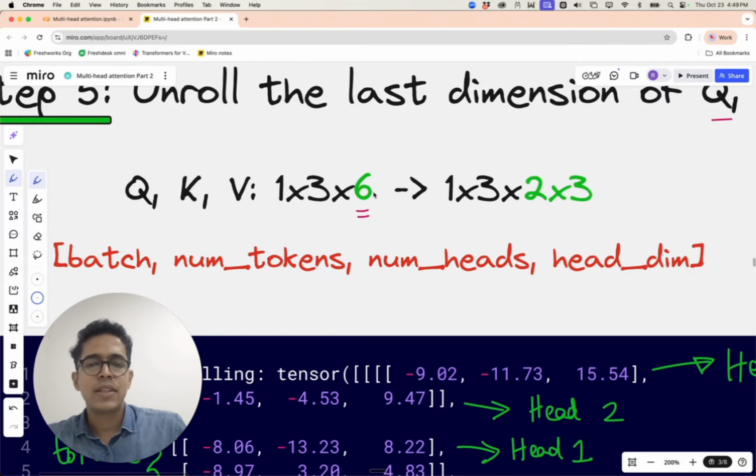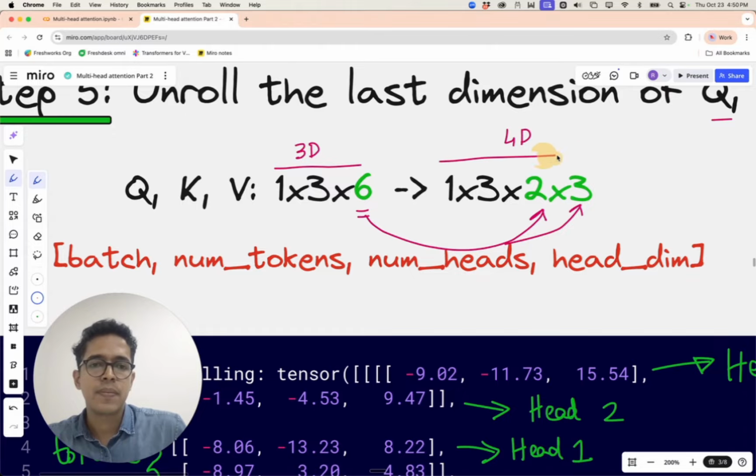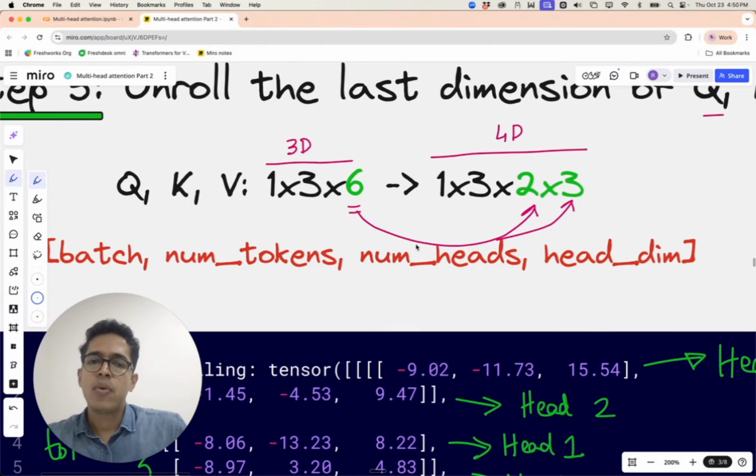So this 6 is coming because you have 2 attention heads and each attention head is taking care of 3 dimensions each. So this 6 we can write as 2 by 3. So now you are going from a 3-dimensional tensor to a 4-dimensional tensor. Why do we have 4 dimensions?